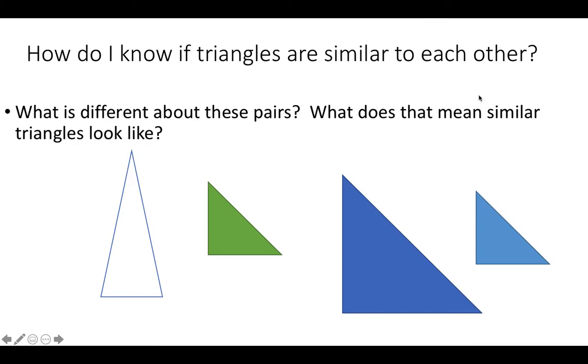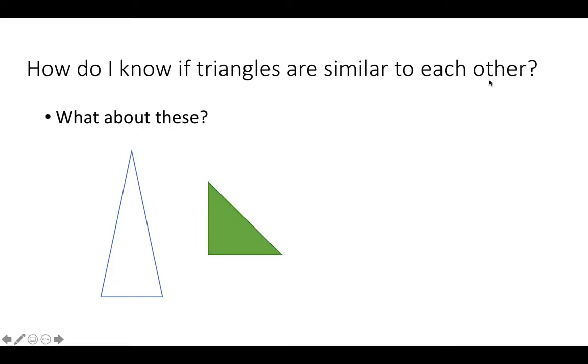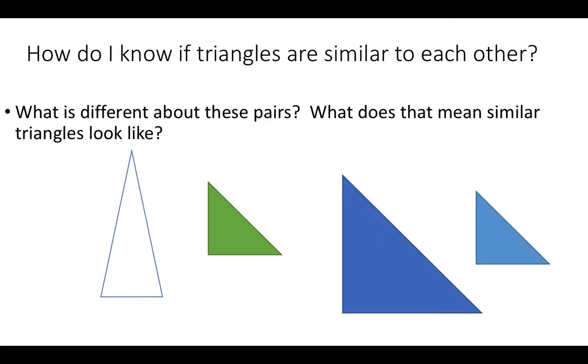So one set of these is similar. So one of these is similar and one of them is not. The blue shapes are similar, but the other shapes are not. And it's not just because of the color.